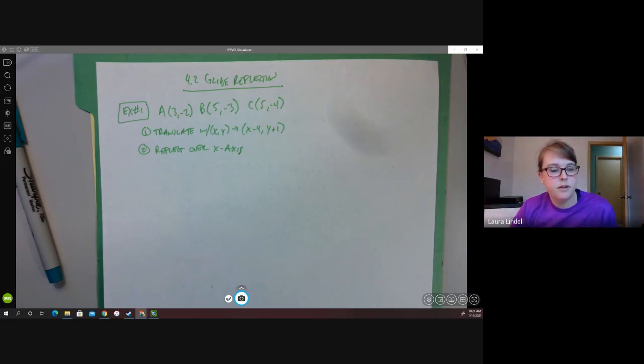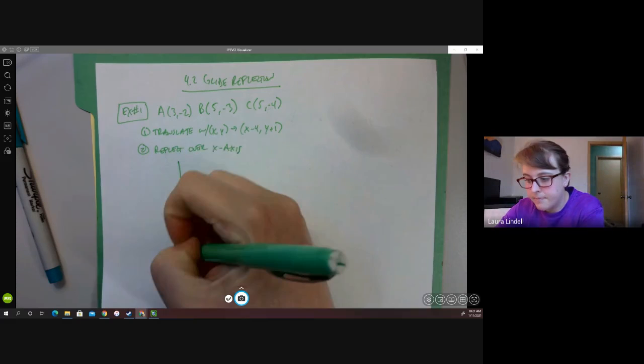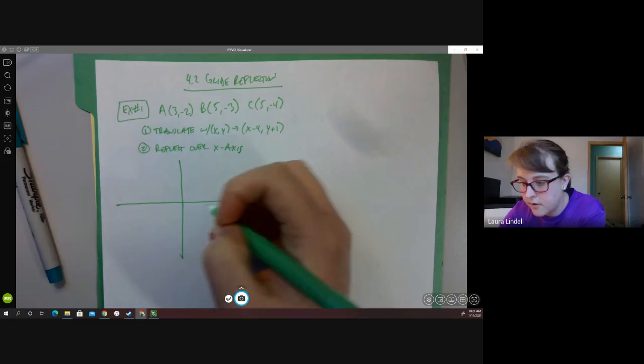Okay, so just as always, to start these problems, you've got to start with drawing a graph. So make yourself a nice coordinate plane. I'm going to go out 5 in each direction.